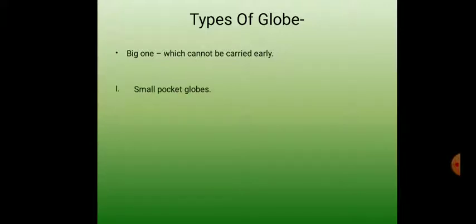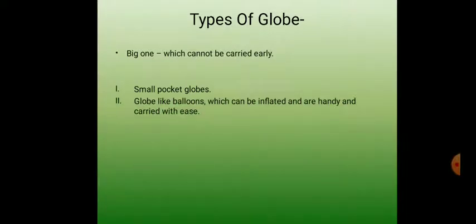Small pocket globes, and the small ones are handheld and can be carried easily, just like a balloon.